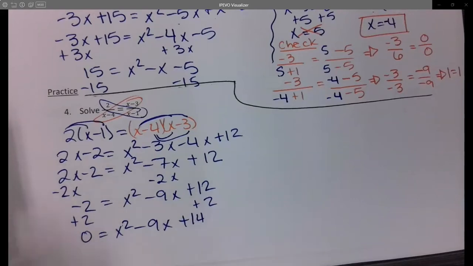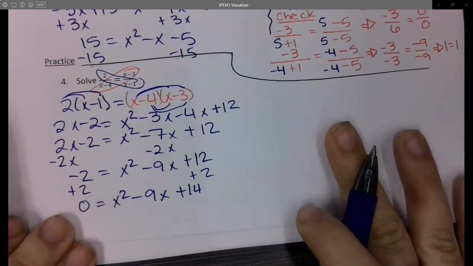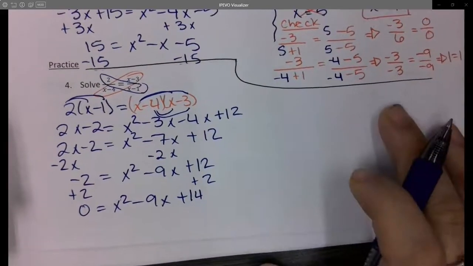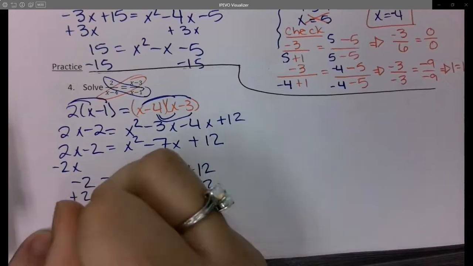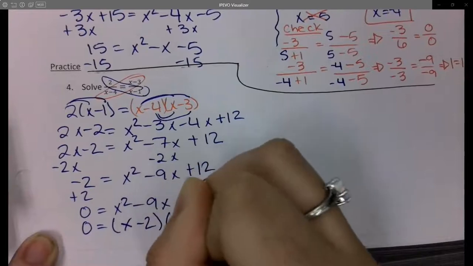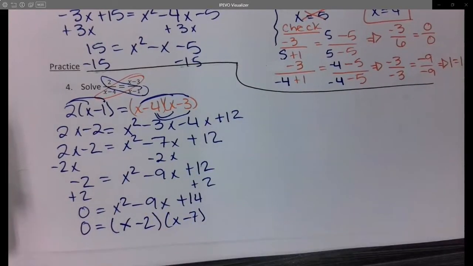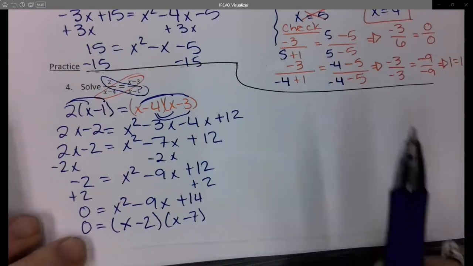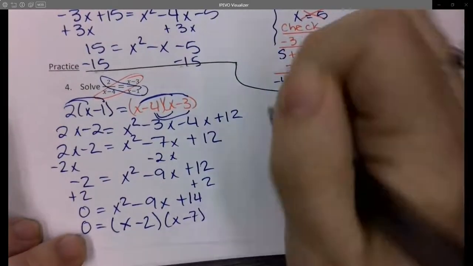Then I want to go ahead and find what multiplies to positive 14 and adds to negative 9. So what is that? Then I want to take these and set them equal to 0.